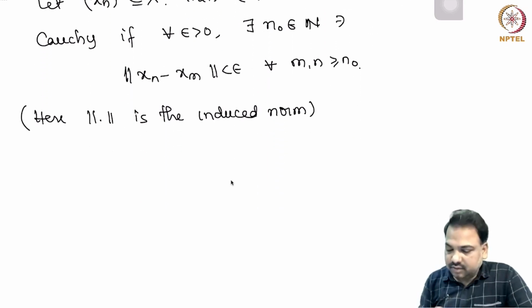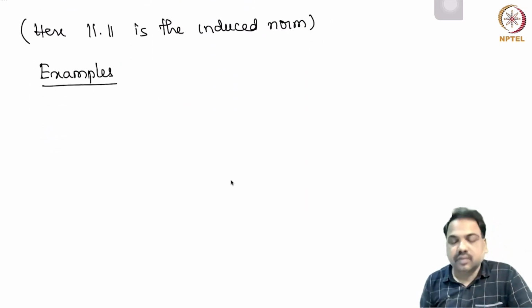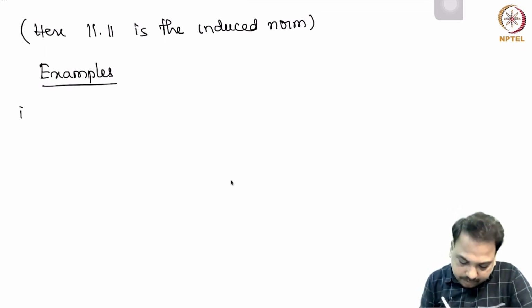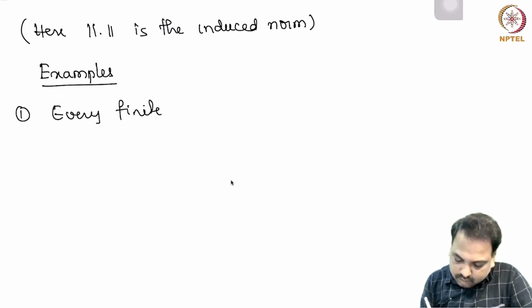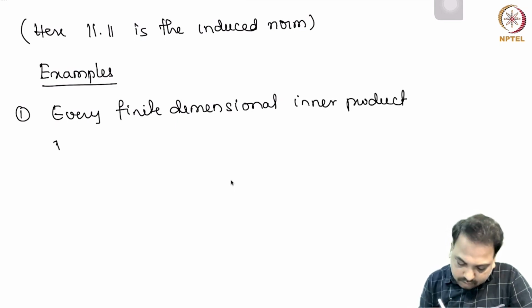Okay, so let us see a few examples. We know that every finite dimensional normed linear space is complete. So in particular, when you take X to be a finite dimensional inner product space, it must be a Hilbert space.